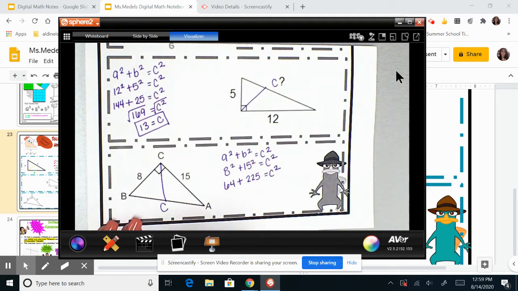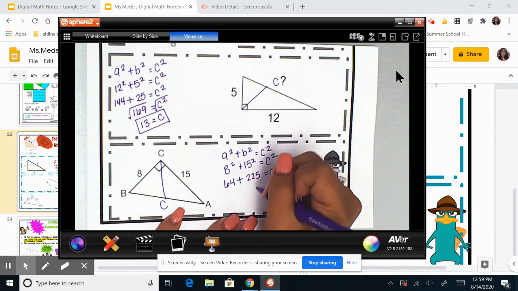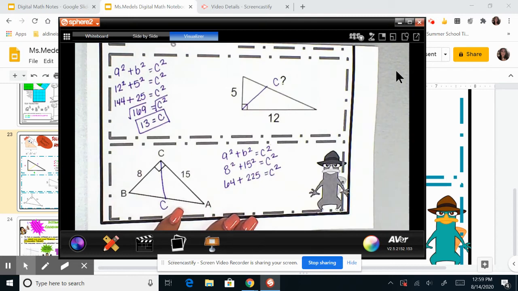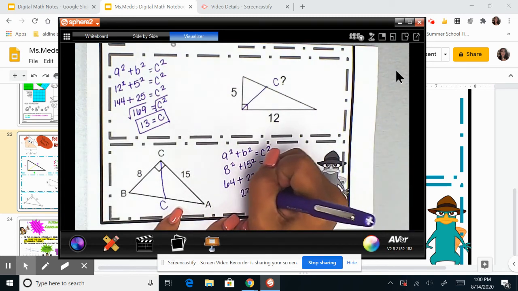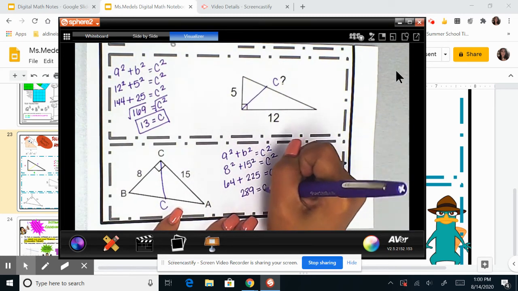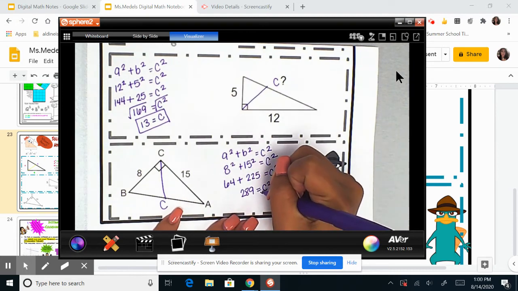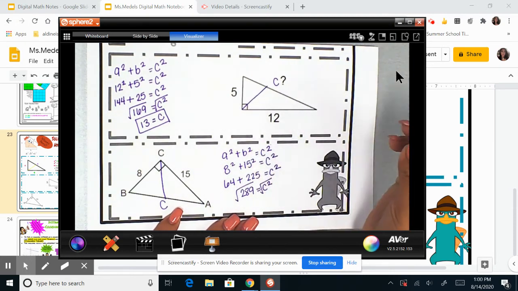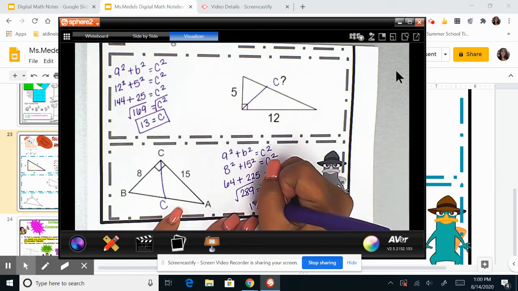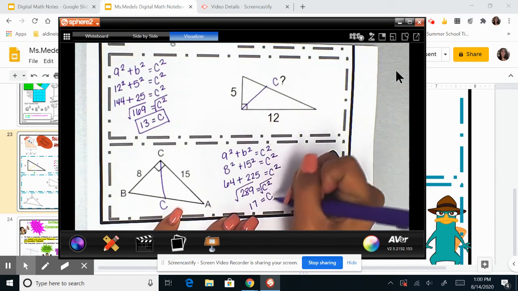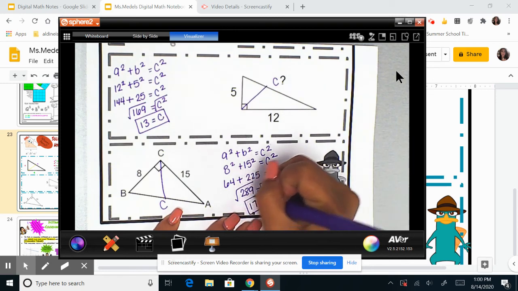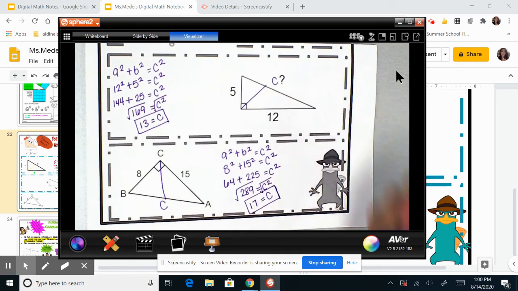I'm going to add those two numbers together, and I get 289 is equal to C squared. But I don't want C squared, I want C. So the opposite of squaring is square rooting. So I'm going to square root both sides. That gives me 17 is equal to C. That is my answer.